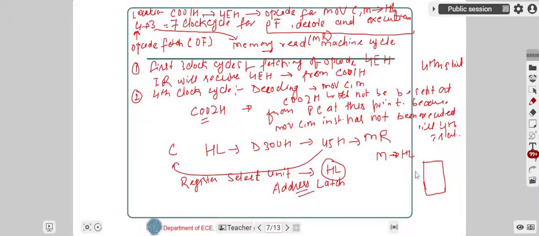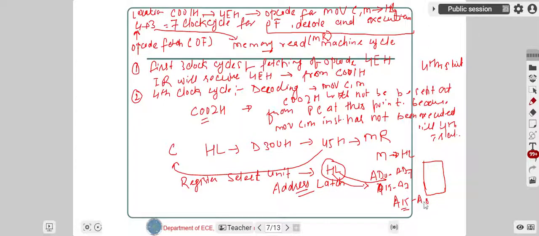The lower order contents, AD0 to AD7, would now have the contents of the L register, and the higher order address bus, A15 to A8, would have the contents of the H register. So in total, the A15 to A0 address bus would now have the contents of this HL register pair.